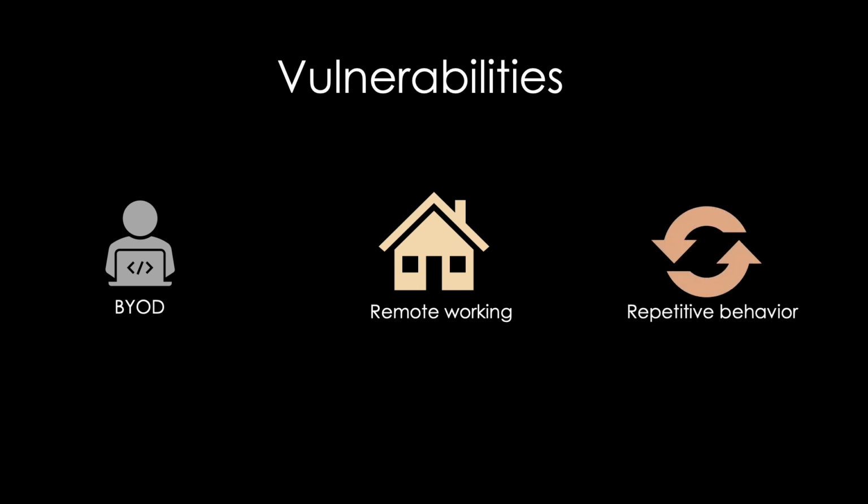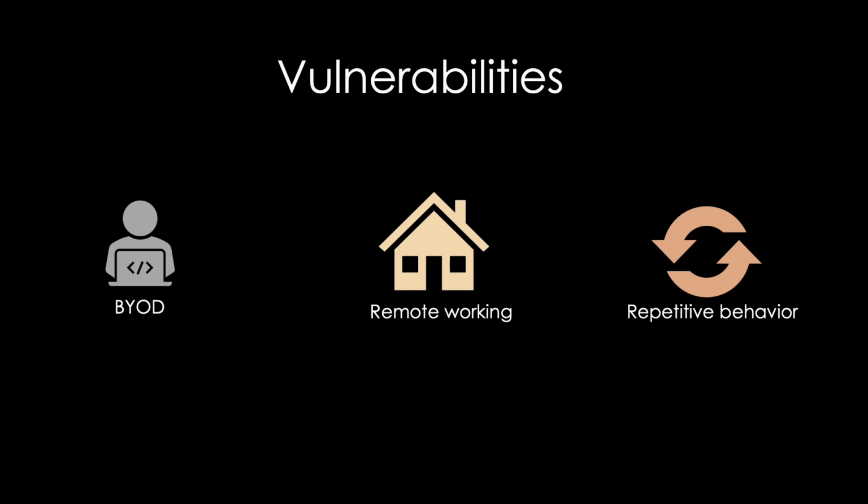The third vulnerability, which actually makes watering hole attacks possible, is the repetitive behavior of employees, and this is something that many attackers can use. If you know how employees work, what websites they use, what information they rely on, what documents or programs they rely on, it's very easy to compromise those. Very easy is maybe a bit of an exaggeration, but it is at least possible.